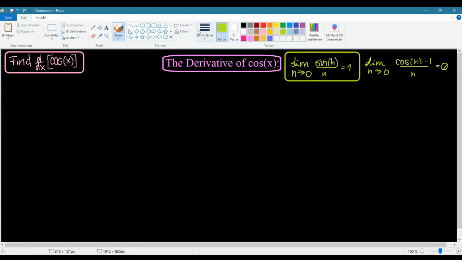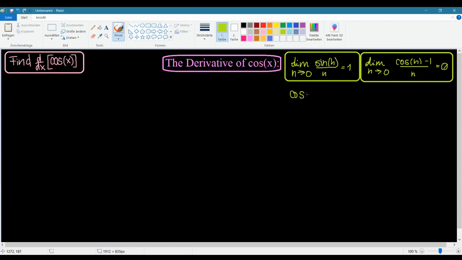Now, the second thing that we need to remember is the trig sum identity of cosine a plus b. Let's just write that down right here.